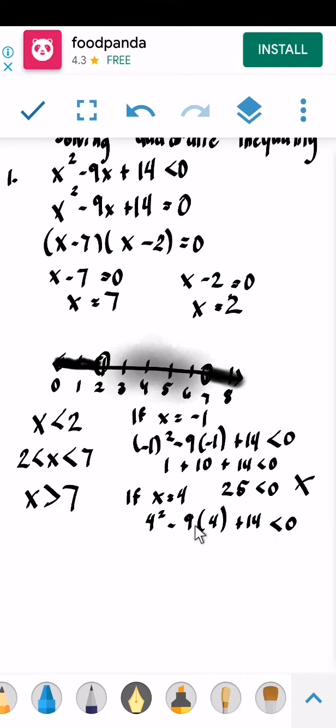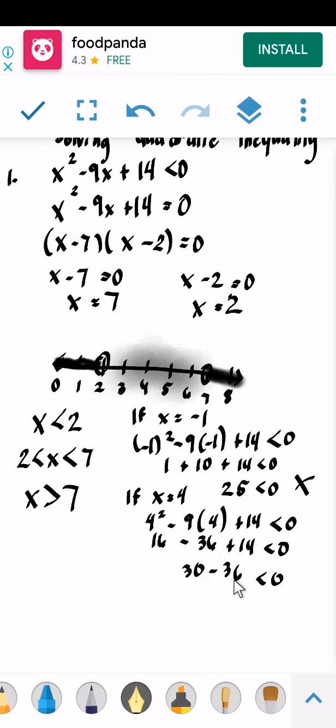So, let's try. 4 squared is 16. 4 times 9 is negative 36 plus 14 is less than 0. So, let's add both positive. So, we have 30 minus 36 is less than 0.